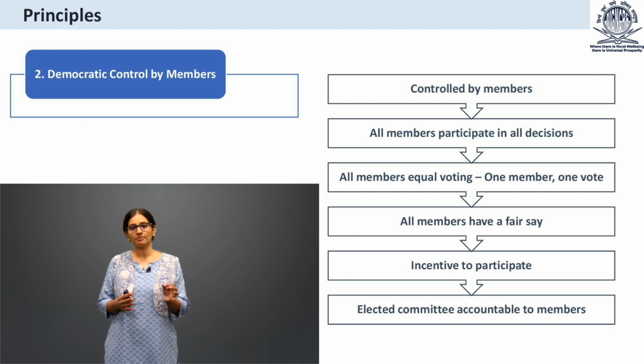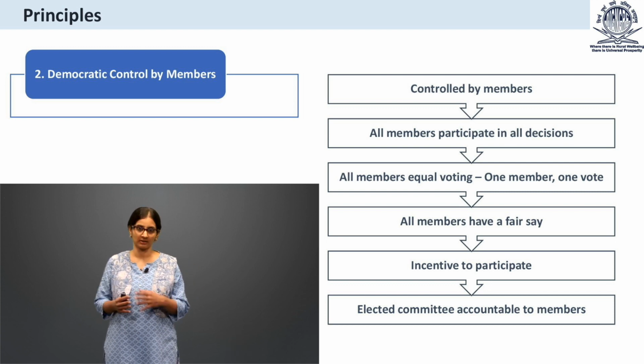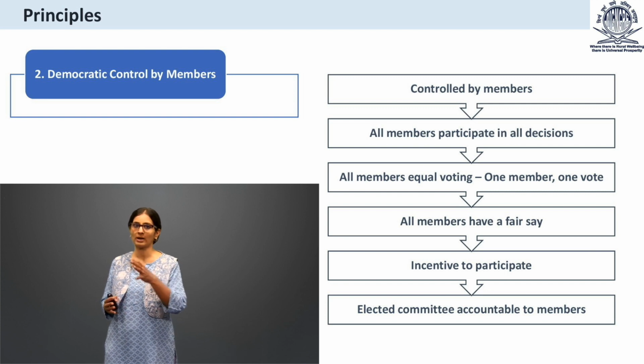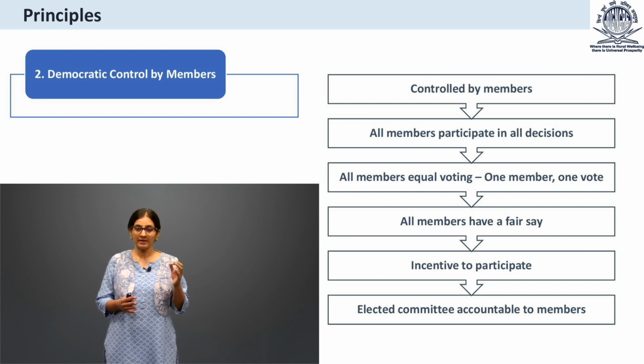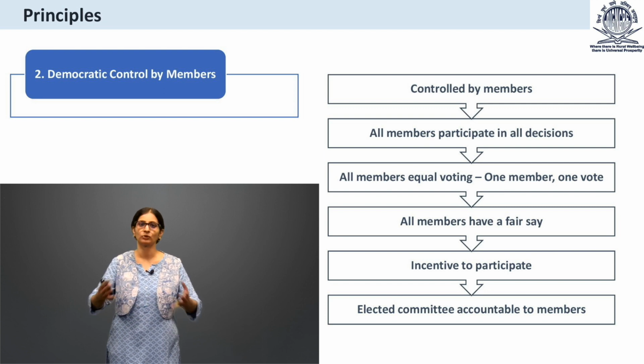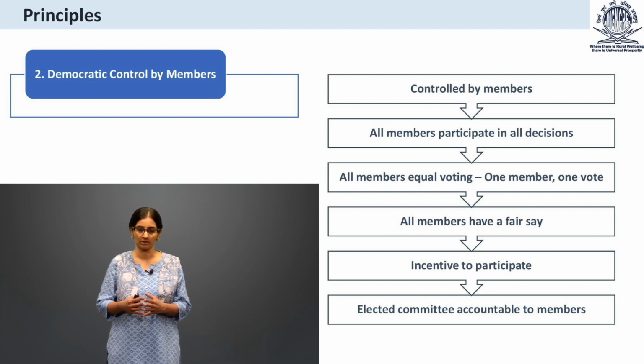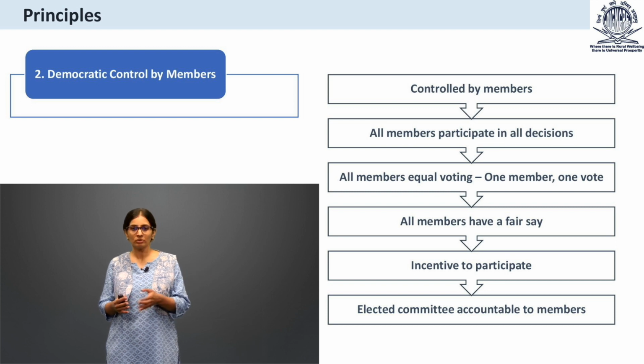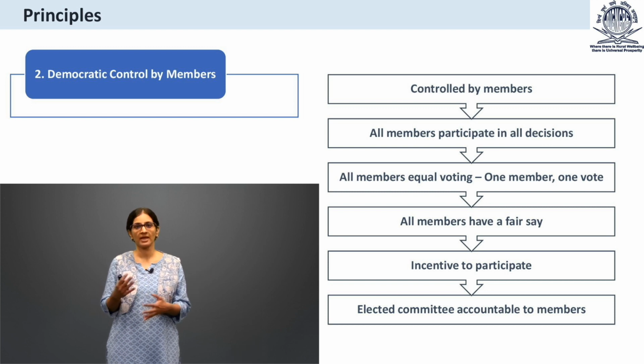That is, all members have equal say. They all have equal voting rights. There is one member, one vote, irrespective of the capital share that the members have contributed to the cooperative. So from the day-to-day schedules to broader issues, all members have an equal and fair say.